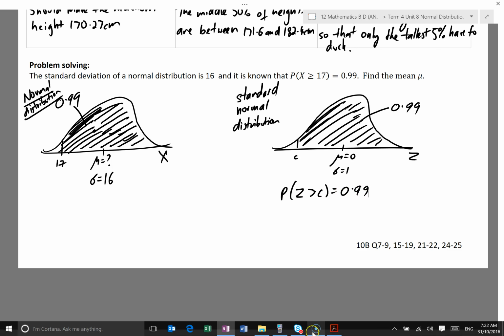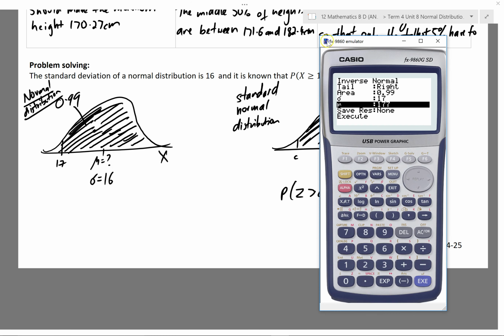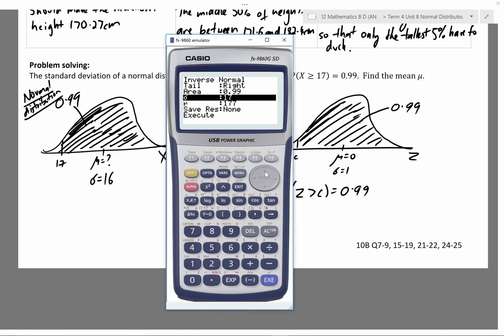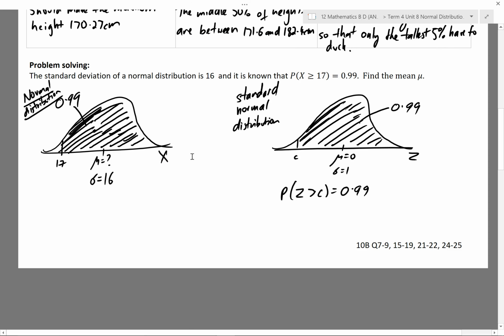I can do that on my calculator. I've got a right distribution, standard deviation of 1, mean of 0. I get a z value of minus 2.33. So c equals minus 2.33, which tells me that to get an area of 0.99, this c value needs to be minus 2.33 standard deviations from the mean.